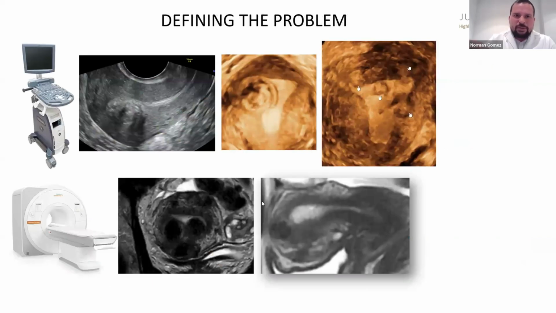So we need to start, before approaching myomectomy, with the imaging technique. This is my personal opinion. We need to study the case very well, and to do that we need to use the ultrasound or the MRI. It doesn't matter whichever you use. For me, it's almost the same, but I can tell you that the MRI can add other advantages.